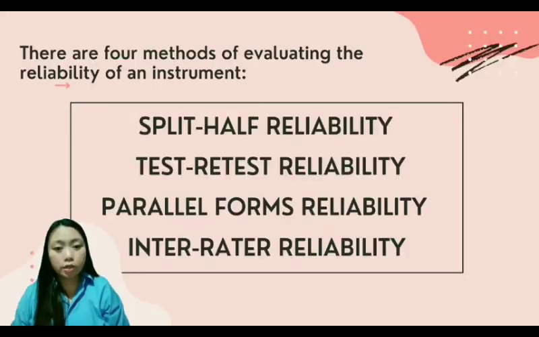So the four methods are split half reliability, test retest reliability, parallel forms reliability, and last is the inter-rater reliability. I will be discussing the split half reliability and the parallel forms reliability.